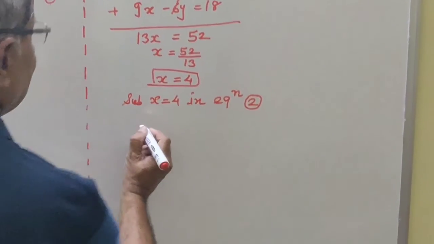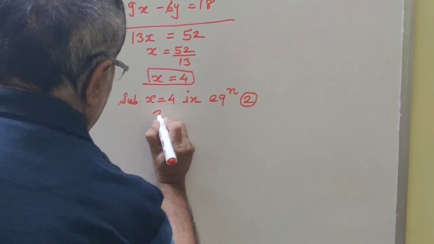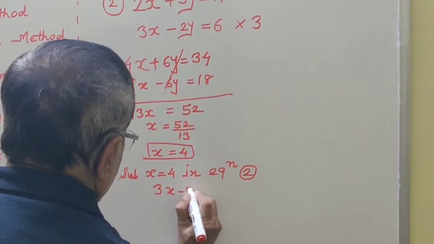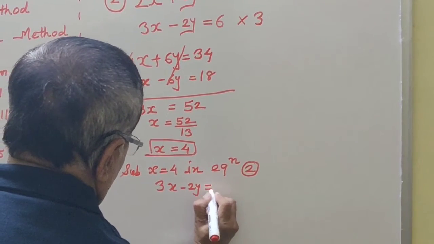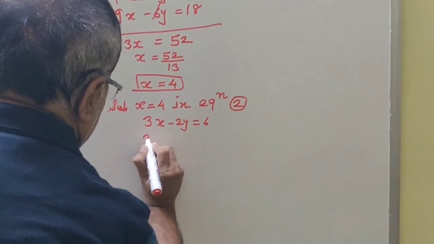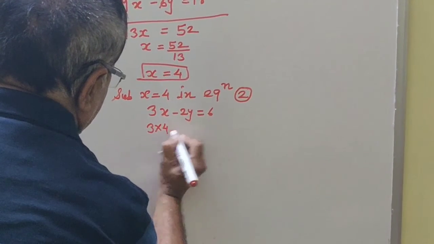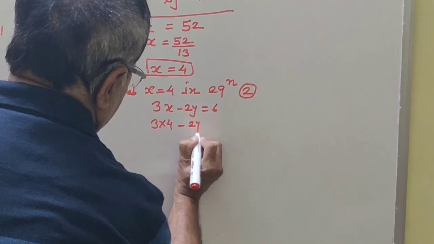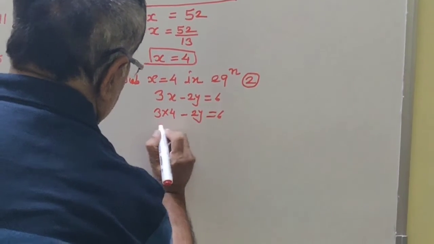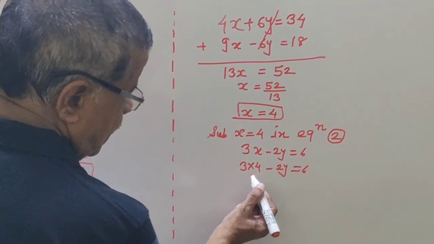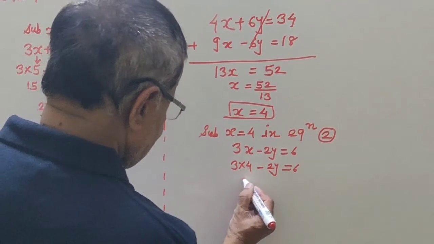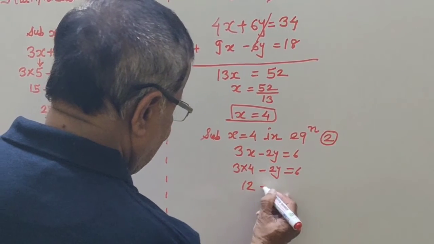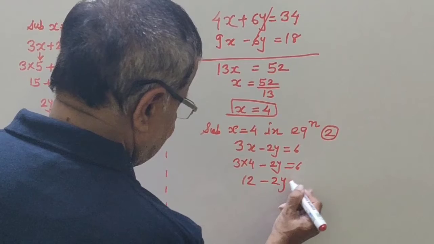My equation number 2 is 3x minus 2y is equal to 6. Now 3 into 4 minus 2y is equal to 6. 3 into 4 is 12 minus 2y is equal to 6.